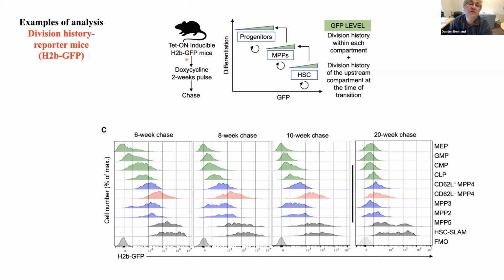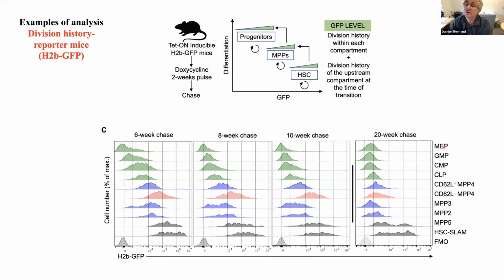You stop the presence, you remove the doxycycline, and then all the cells which are GFP, now embedded in the chromatin, are going to start to divide, and the GFP is going to be diluted based on the rate of division of this population. This system has been used with a long period of chase, up to 20 weeks.